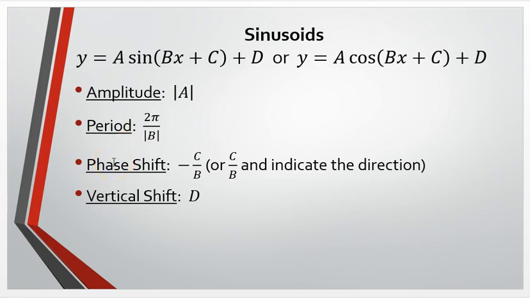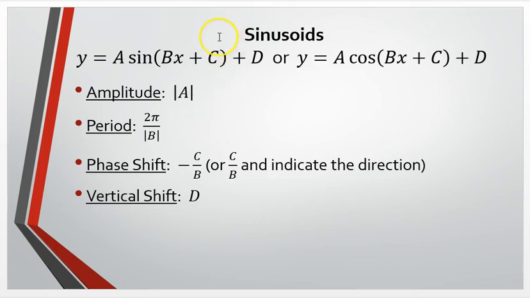The phase shift, which is also sometimes called a horizontal shift, comes from both the C and the B values combined. Now, usually you only have a number in the C spot, and that makes it easier, because if you don't see a number being multiplied by x, then that means B is 1, so you can just ignore that part of the fraction. But if you do have both, take this number, divide it by B, and change the sign.